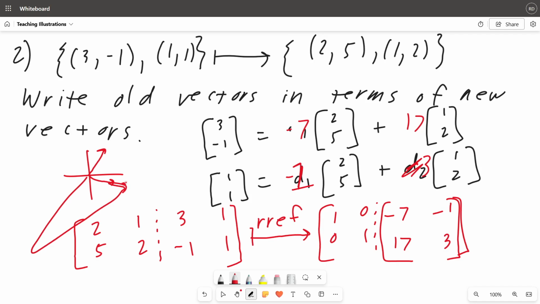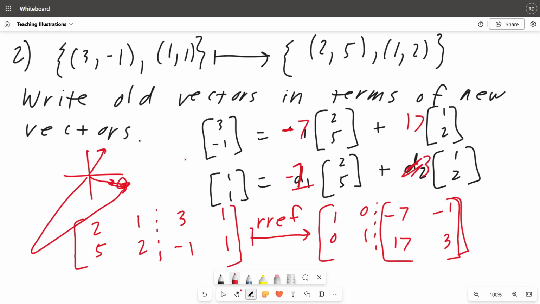And somehow you'd end up landing at the same spot. So yeah, you solve both of these. You write the old vectors in terms of new vectors. You solve to find the coordinates, which are the C1 and C2, for all of them, and those solutions are the columns of your transition matrix.